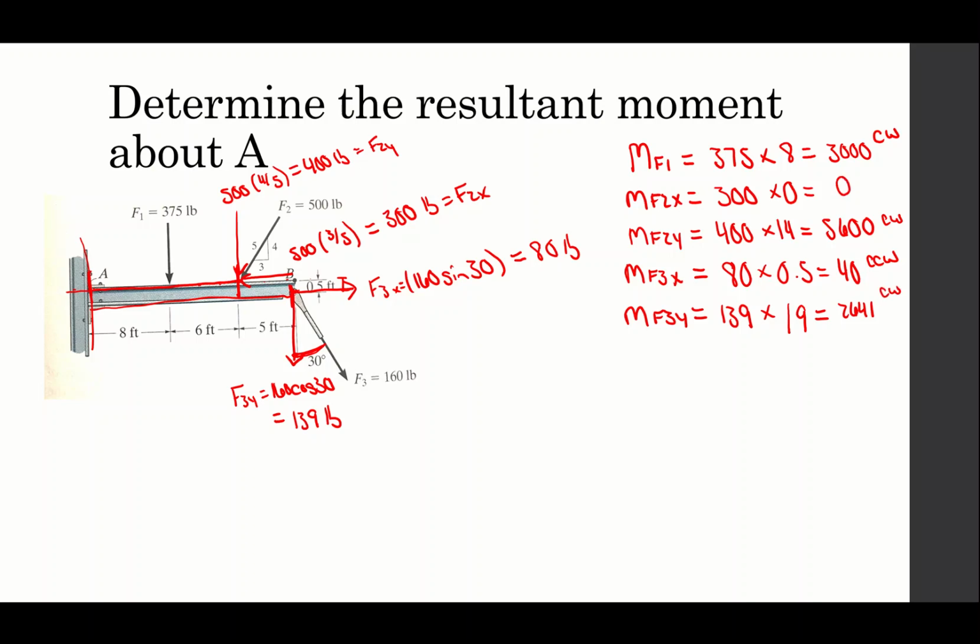Clockwise. And then this one is 0. So I can do the sum of all the moments about A. I have negative 3,000, negative 5,600, positive 40, minus 2641. I should get a negative, but again, my math is incorrect, so someone tell me that answer.